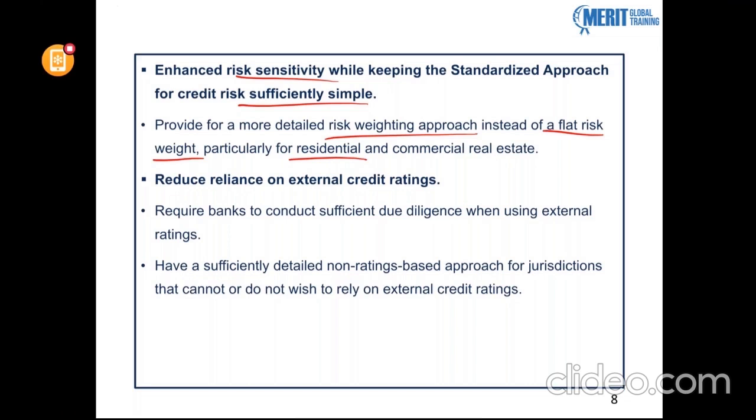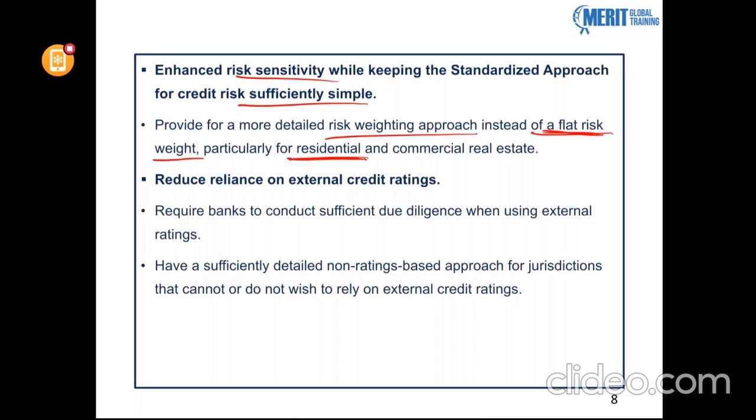Once the loan to value is less than 80%, apply 35% if it's within the European Economic Area. If it's above 80%, which means you are contributing lower amounts to your mortgage, there's a formula that we apply, and you derive your risk weight based on that. What we're trying to say is that there is more granularity to the way we apply risk weight based on LTV. You are not using a flat risk weight of 35% anymore.